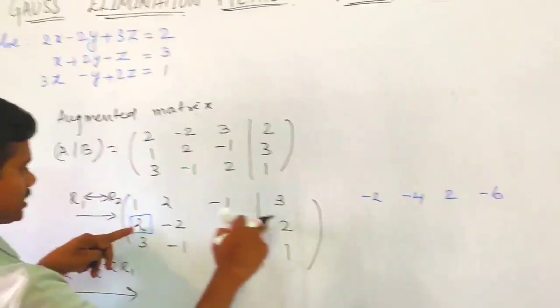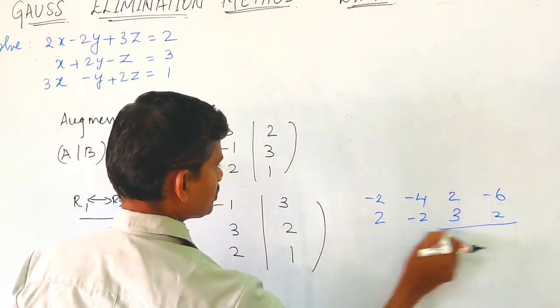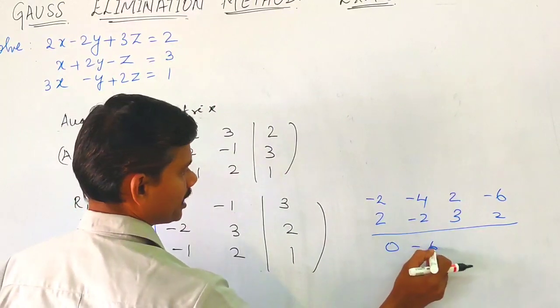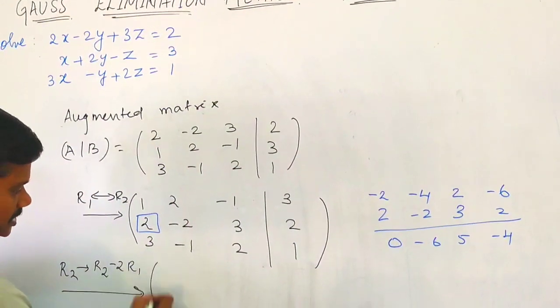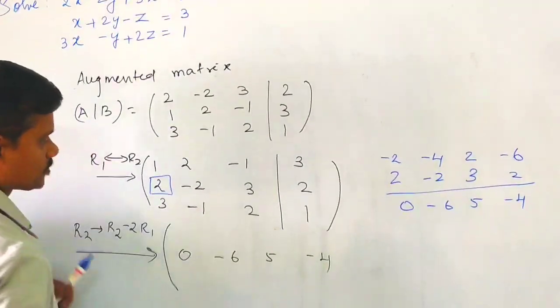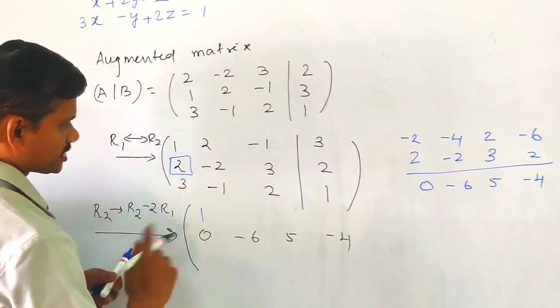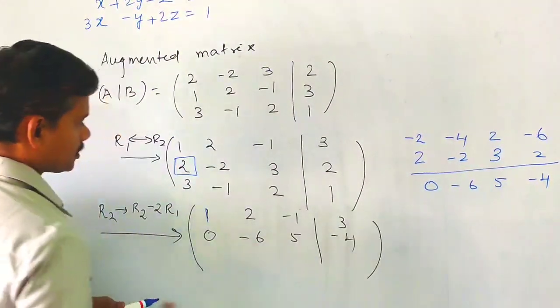Then write row 2 as it is: 2, minus 2, 3 and 2. If you simplify, you will get 0, minus 6, 5 and minus 4. So the second row becomes 0, minus 6, 5 and minus 4. The first row comes as it is: 1, 2, minus 1 and 3.